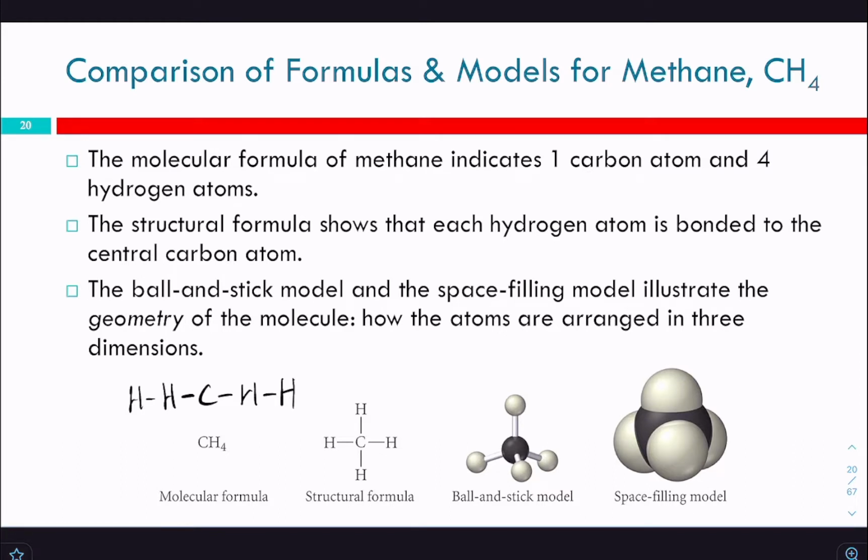The ball and stick model shows us that it's not just an X or a plus sign. They're actually in 3D space, more like a tripod. There are 3 sticking out as that tripod on the bottom, and then 1 that comes out on the top.